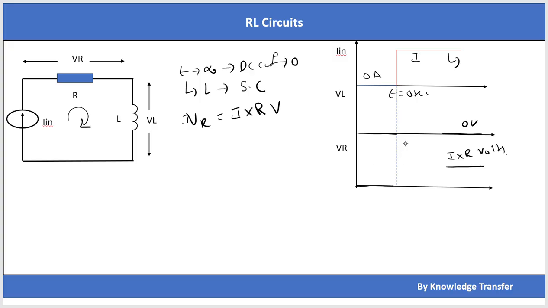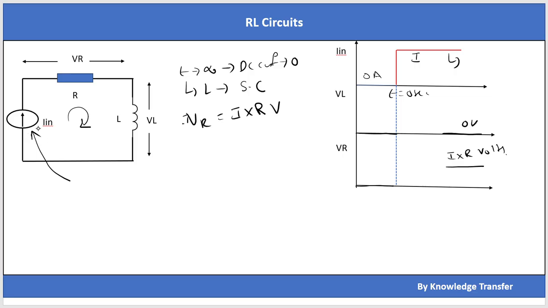Then we need to see what will happen at t is equal to 0 seconds. First we need to understand the property of the current source. The property of the current source is that it will maintain the fixed current, that means the programmed current. Here the programmed current at t is equal to 0 second must go from 0 amperes to I ampere, but it can change the voltage across the current source from plus infinity to minus infinity.